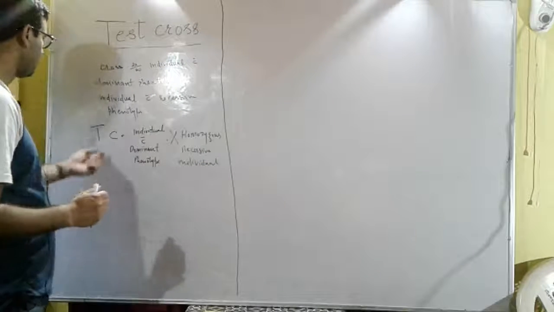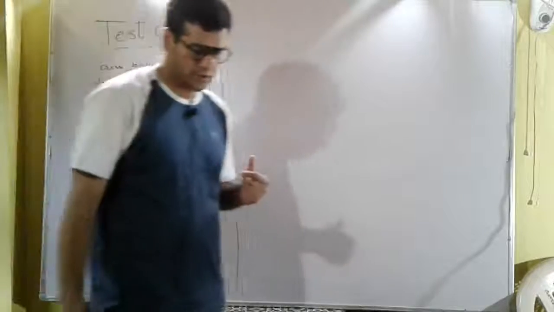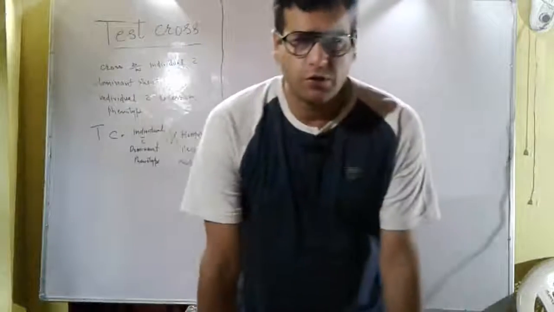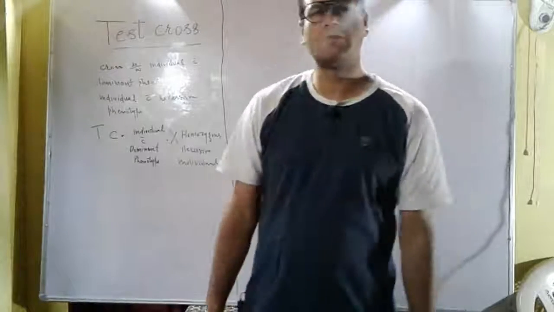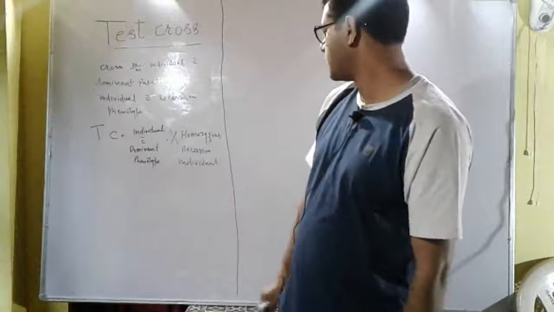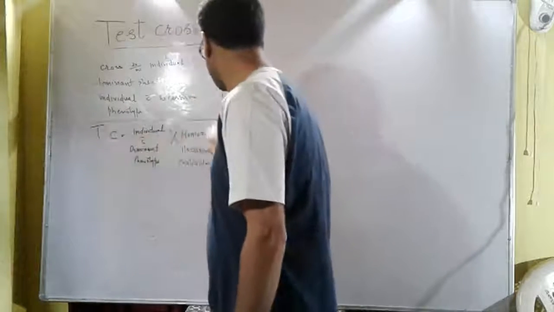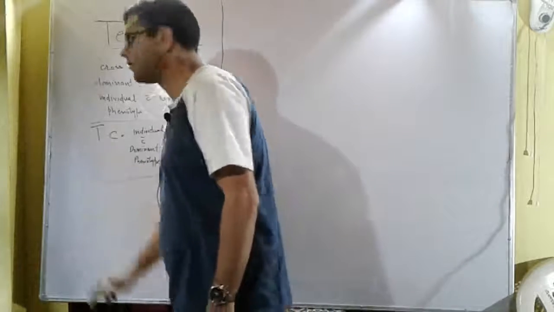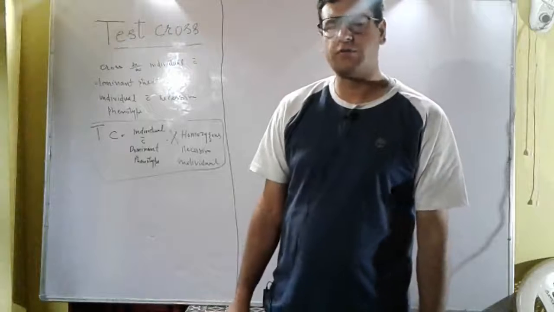So what is this test cross? In a test cross, the individual with dominant phenotype is crossed with a homozygous recessive individual. This is what is called a test cross.